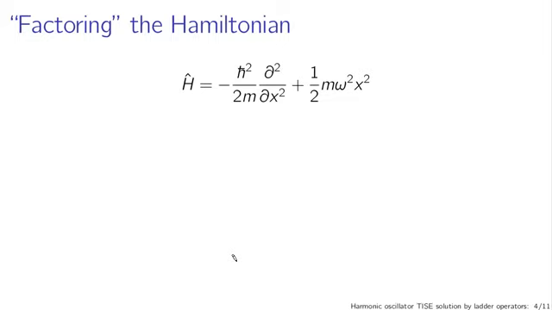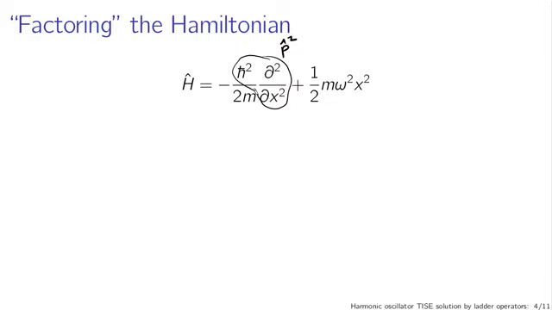The cleverness comes in this step. Consider factoring the Hamiltonian. I can simplify this a little bit by pulling out, for instance, a 2m here, and writing this as the momentum operator squared. This is essentially p squared over 2m, the kinetic energy part. This is the potential energy part.